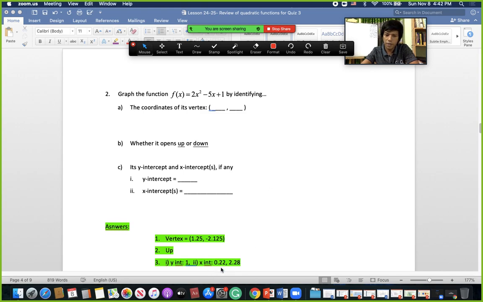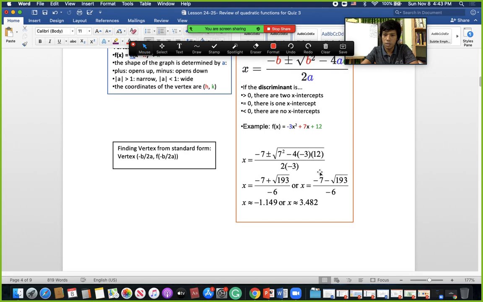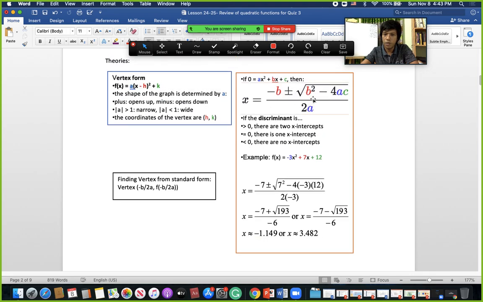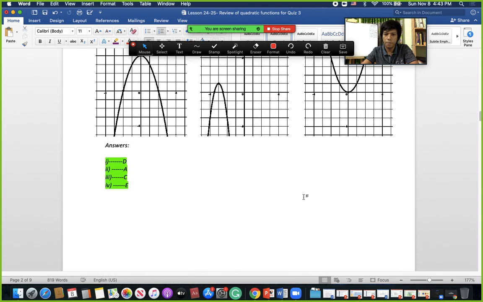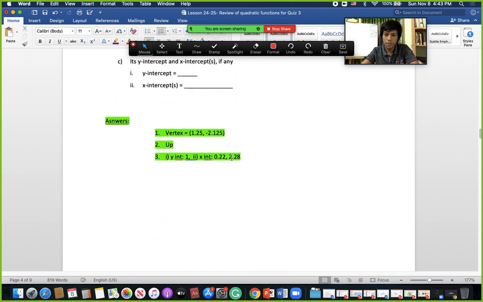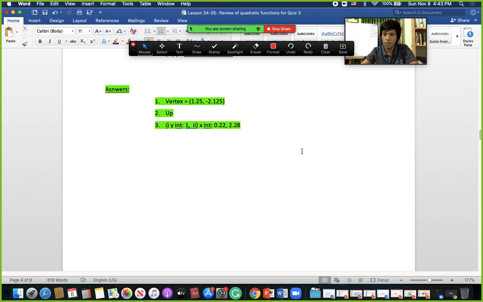If you use that formula, one answer is 0.22, and another answer will be 2.28. You write 2x squared minus 5x plus 1 equal to 0. Then in your copy, a value is 2, b value is minus 5, c value is 1. Once you have these values, you can put them in this formula, and you will get one answer for plus and one for minus, just like this. If you follow this calculation, you will get these two answers. If the answer is not coming, then you can tell us, and we can do it during the class.